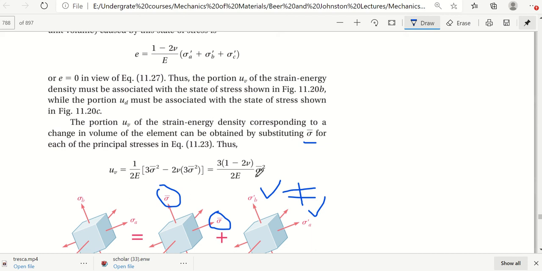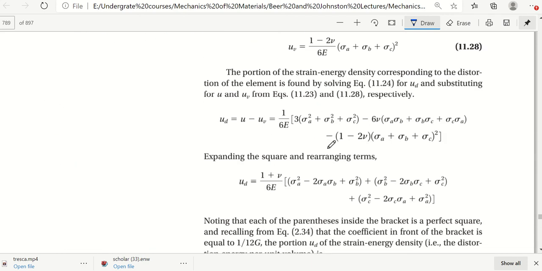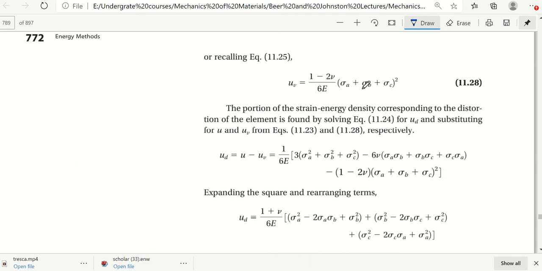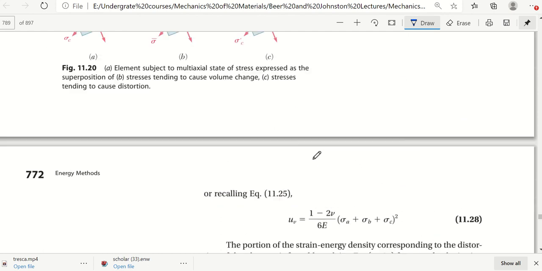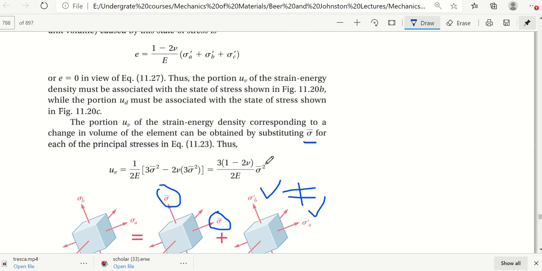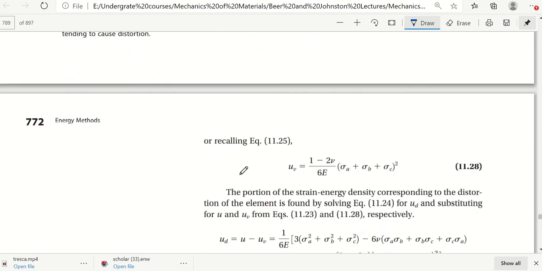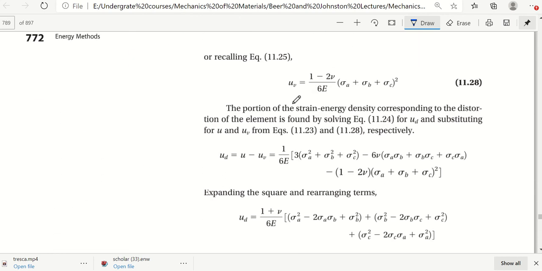And then substitute again the average value of the stress, which is equal to sigma A plus sigma B plus sigma C divided by 3. So 3 will cancel out with this 3, and we will get the strain energy density associated with the change in volume of the cubic element.